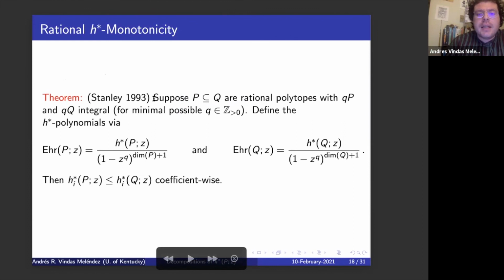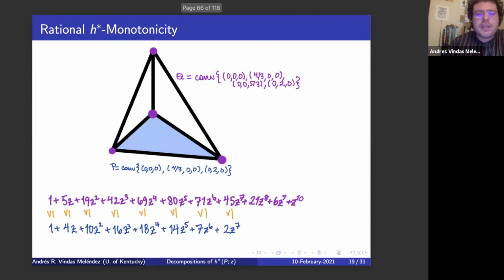Again, if we have a polytope P contained in a larger polytope Q, and they're both rational polytopes where, when we dilate them big enough, we can get them to be integral, then we define the H star polynomials as follows. What this is saying is that, coefficient-wise, the H star coefficients of Q dominate the H star coefficients of P. Here's an example.